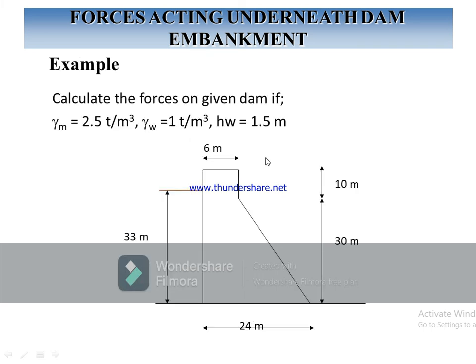So we come to the example: calculate the forces on the dam. A given dam has gamma equal to 2.5 T per m cube, and gamma W is the unit weight of water. Hw is 1.5 meter. So that's the dam, 6 meter thick, and this is the water level, 33 meter, and that's the above regions, 30 meters up to that level, and 24 meter.